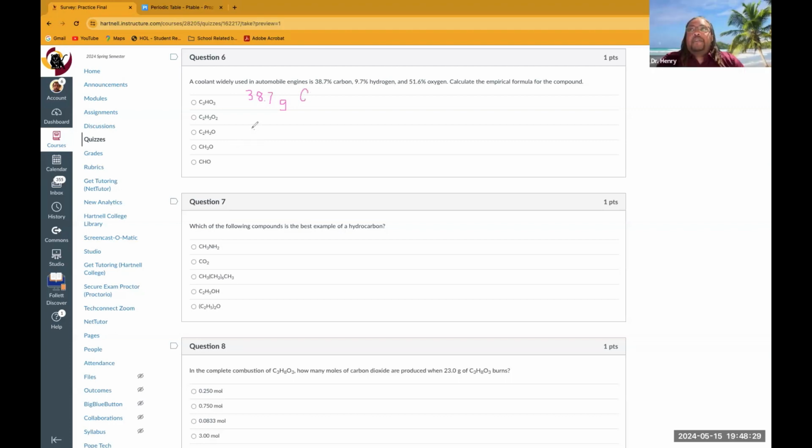And then we have 9.7 grams of hydrogen. Let me write these down first so that I won't forget what I'm doing. Old age, bear with me. Okay, so now you're going to tell me about the atomic mass of carbon, or its molar mass.